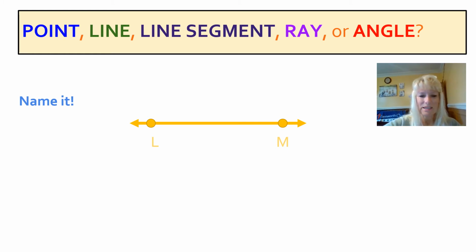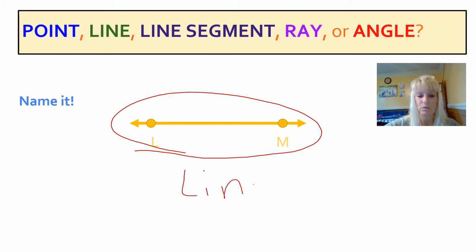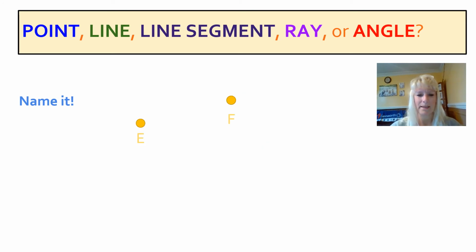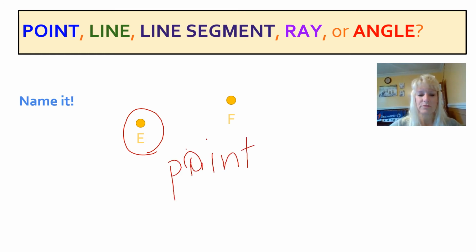If you chose a line, then you are correct, because notice it's going in both directions. Is this a point, a line segment, a ray, or an angle? In this case, this would be a point, because it's all by itself.